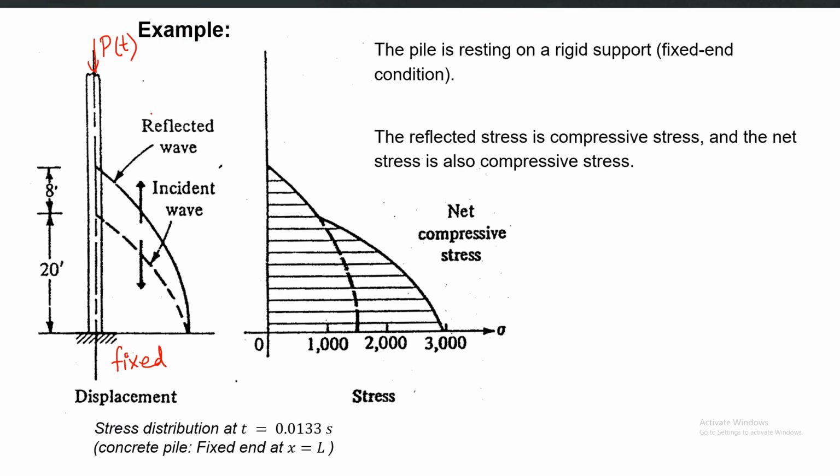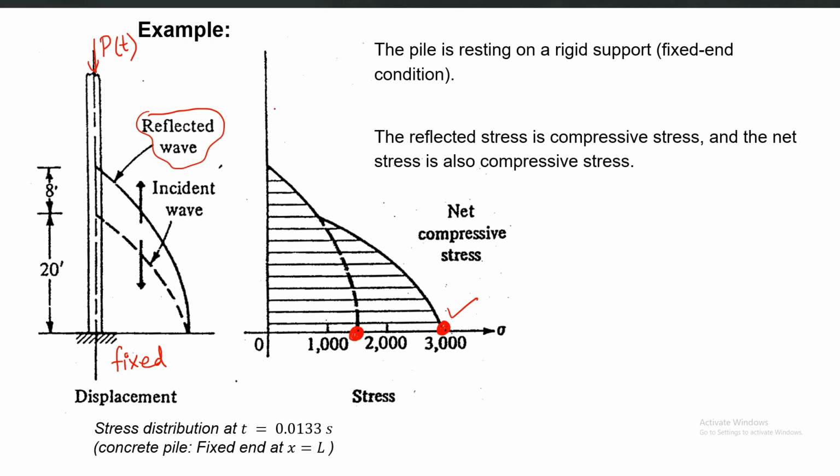For the case of fixed support, you can see here that the stresses of the incident wave and the reflected wave are added. The incident wave was producing this much stress, and because of the fixed support, the reflected stress has been added to that, and the total net stress is this high number. So the reflected stress is also compressive if the incident stress is compressive for the fixed case.